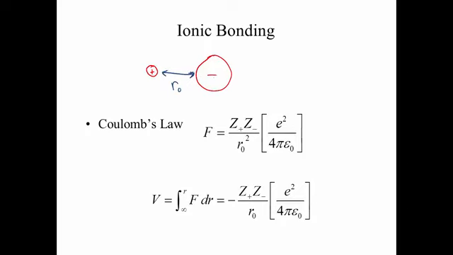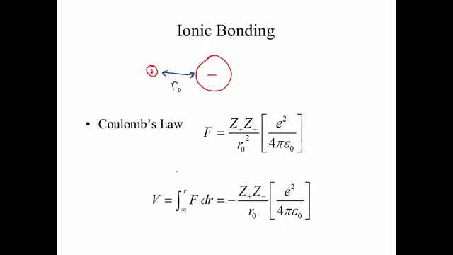In this case, these particles are ions of atoms, and so the charges are related to the charge of an electron and the permittivity of a vacuum, so this is Coulomb's constant. So that's the attractive force.